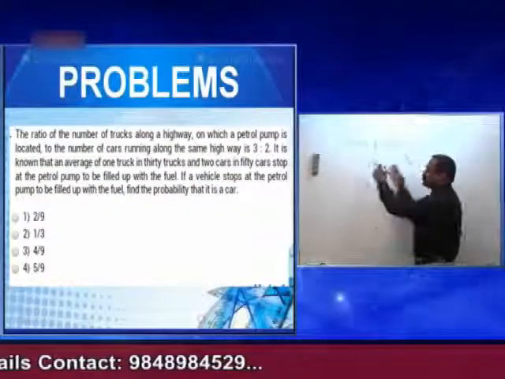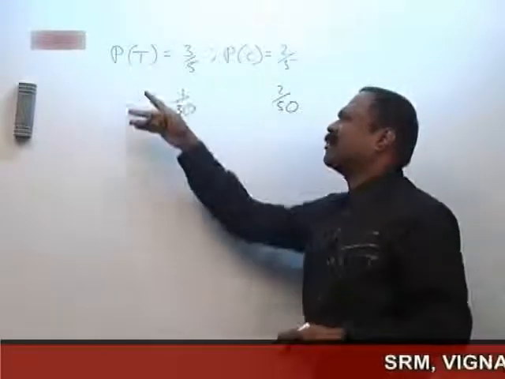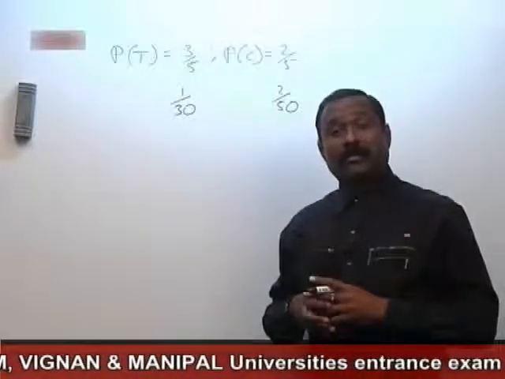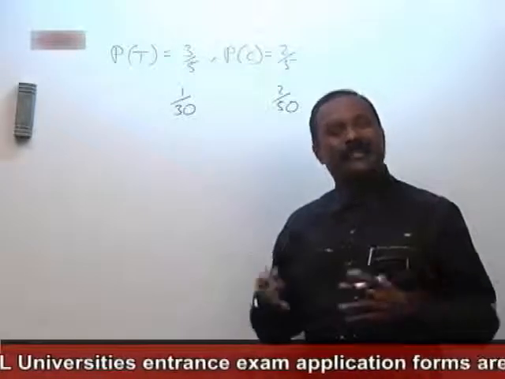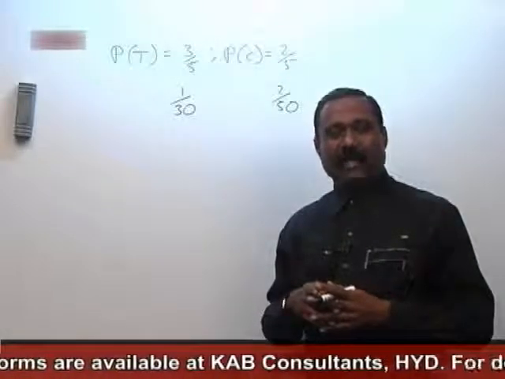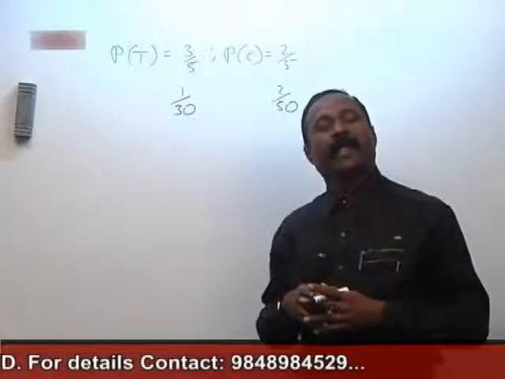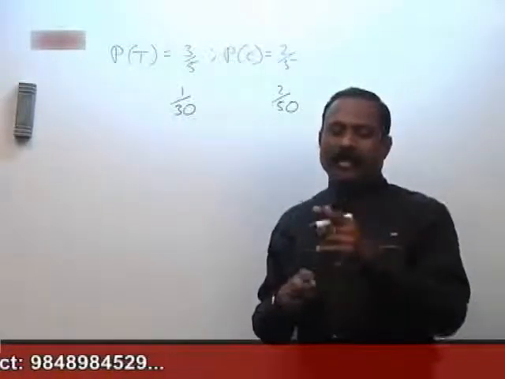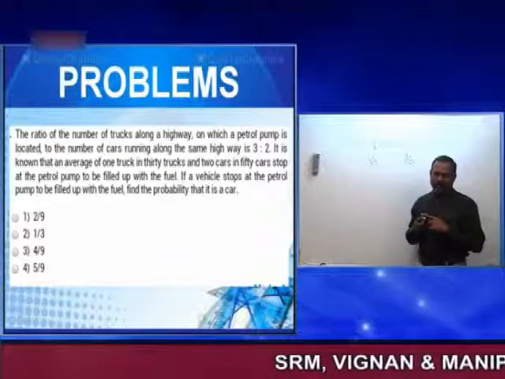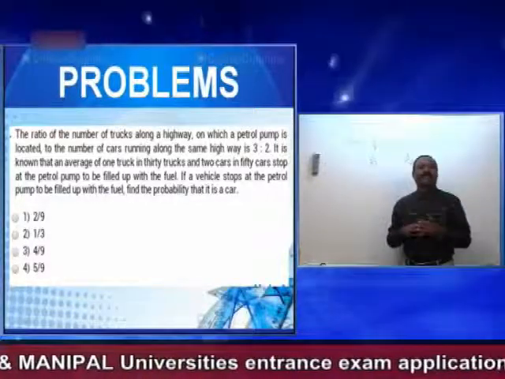Understand that. Whenever you work out this problem at board level, you write all the terms, you name the events, and you solve it accordingly. But in the objectives, try to save time by writing the direct steps. What are the steps required in this case, and how do you know that Bayes' theorem is to be applied? Because the question, you can see now, is: if a vehicle stops at the petrol pump to be filled up with fuel, find the probability that it is a car.